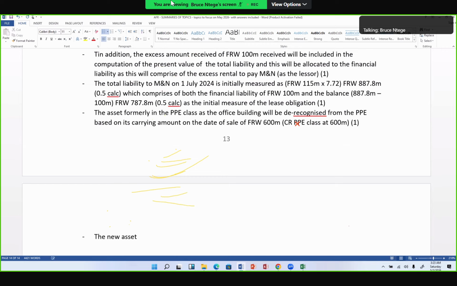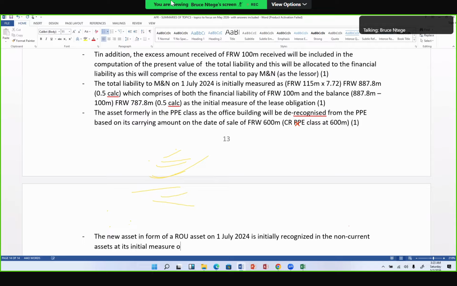Right of use asset on that date, 1st July 2024, is initially recognized in the non-current assets, because it's going to be a 10-year period, okay? At what amount? At its initial measure. Now you're going to run some calculations.